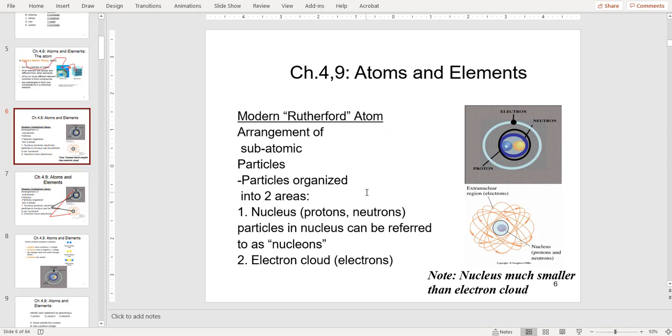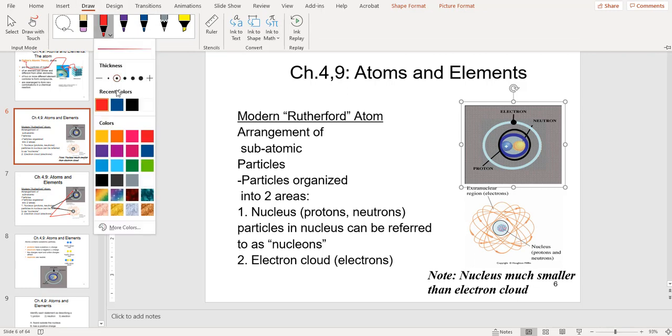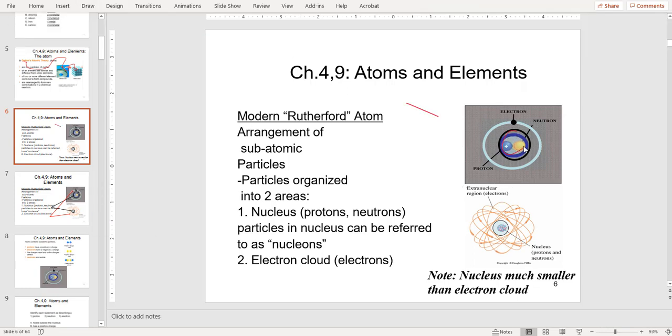Now we're going to go ahead and go into the Rutherford model of what an atom is. Atoms are made up of protons, electrons, and neutrons. We have the nucleus, which is right in the center, which is what I'm circling, and then we have protons and neutrons embedded in the nucleus, and then we have a surrounding electron cloud.